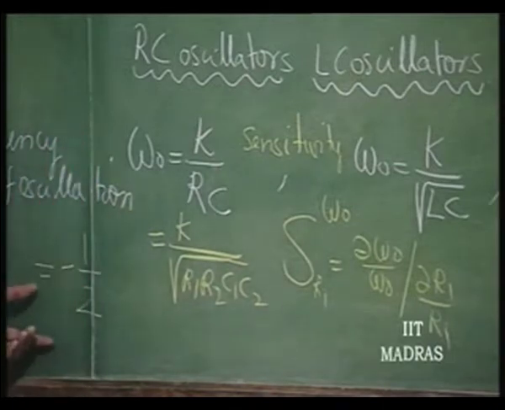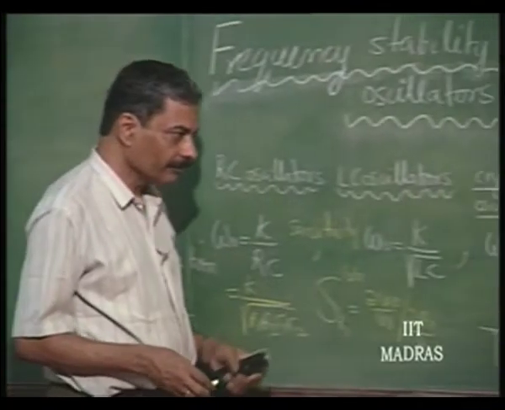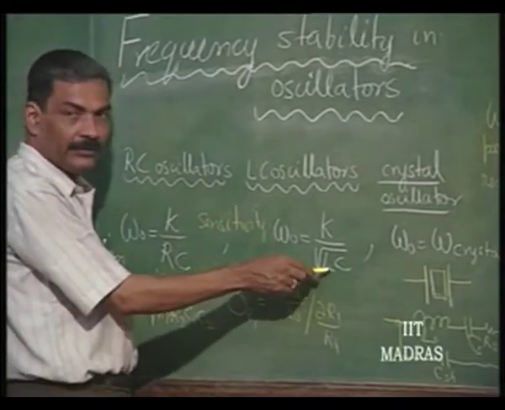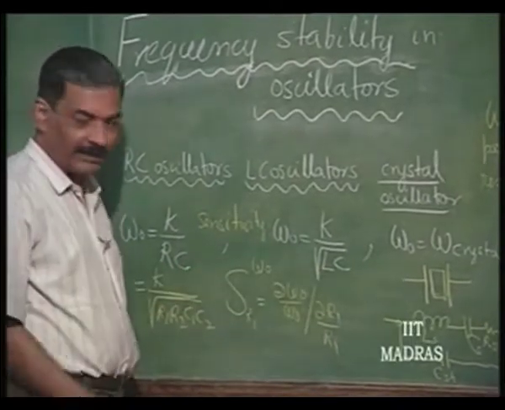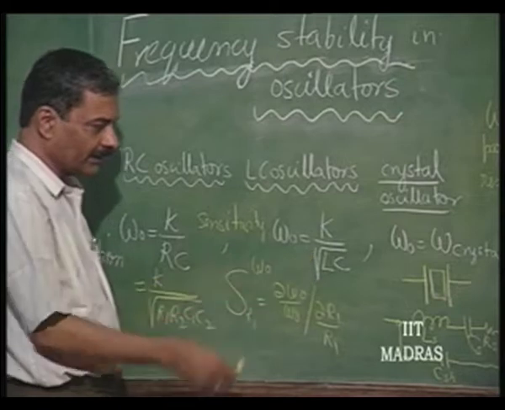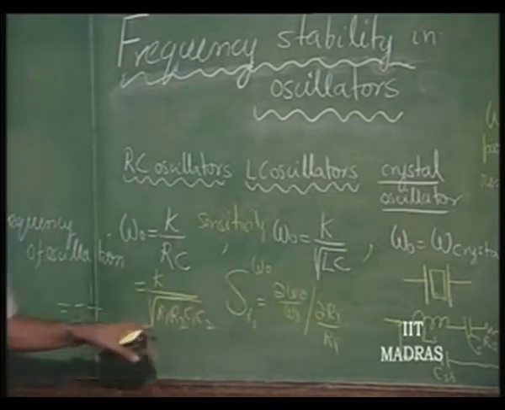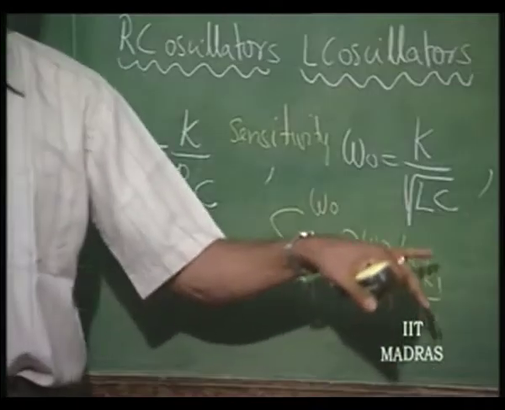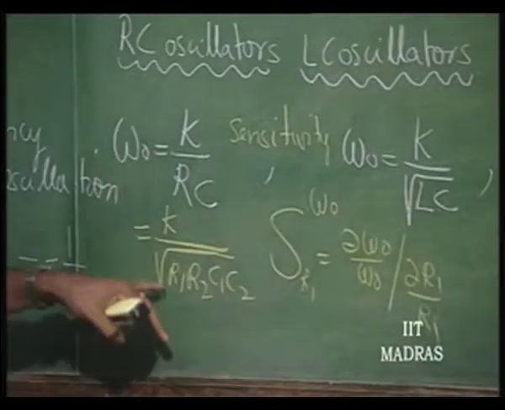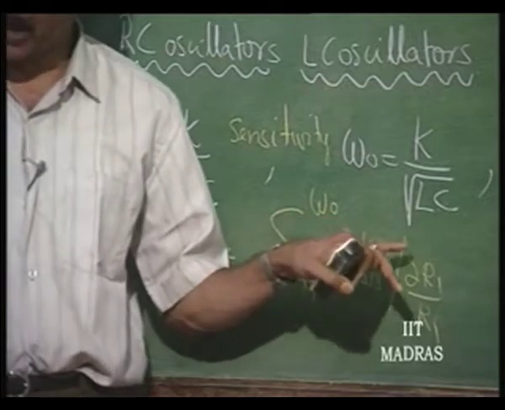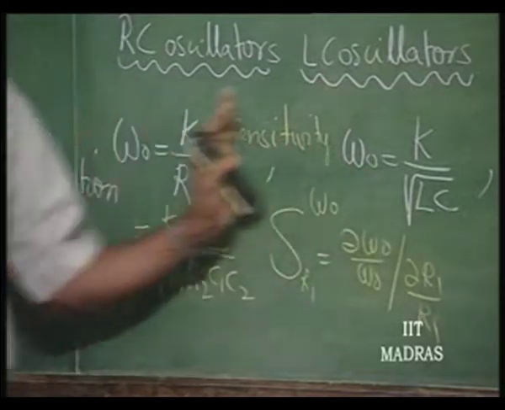That is indicating negative, and it is half. Therefore, the sensitivity to passive components for LC oscillators is also the same, minus half, for L and C. So it is the same for R1, R2, C1, C2, L, C. Sensitivity to passive components remains the same in all these cases.